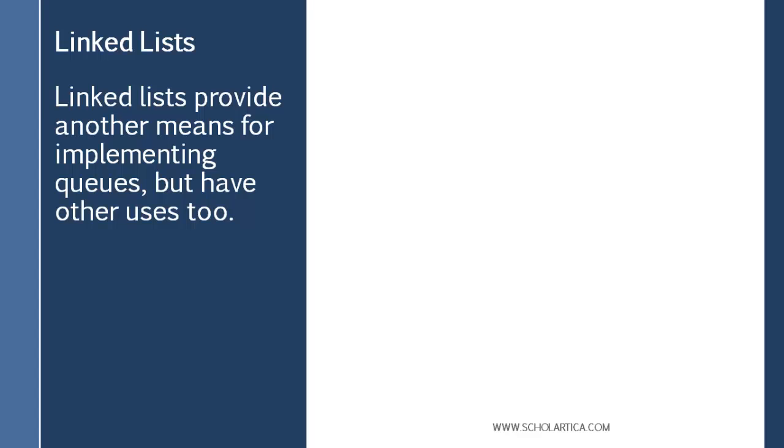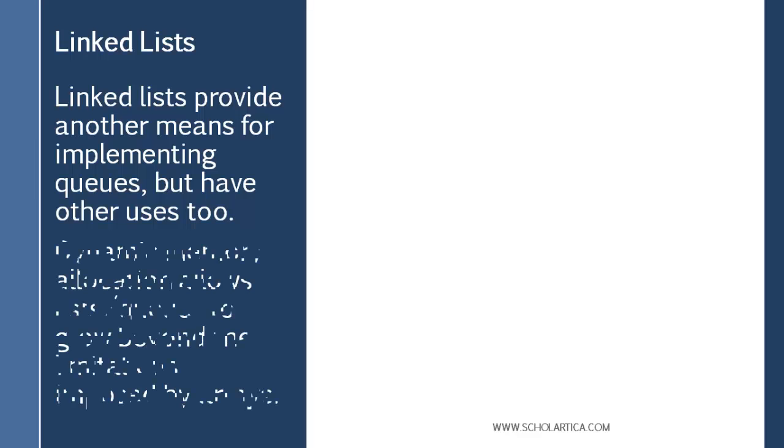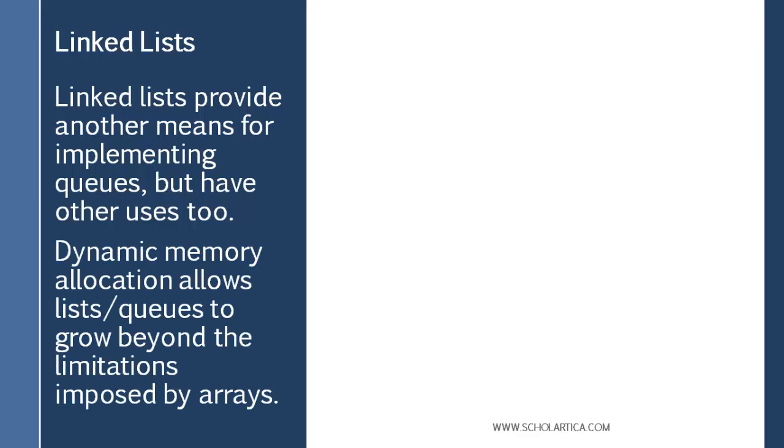So as I say, linked lists can be used for queues, which would include FIFO queues and stacks, and there are other uses for linked lists as well. A very fundamental aspect of linked lists is the idea of dynamic memory allocation.